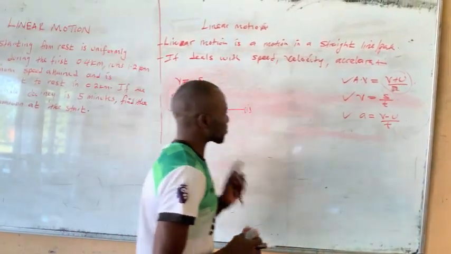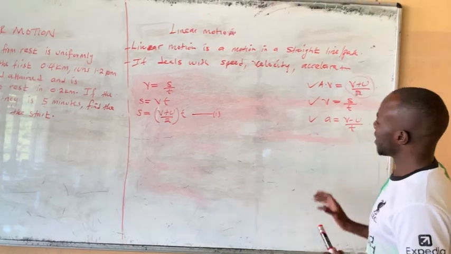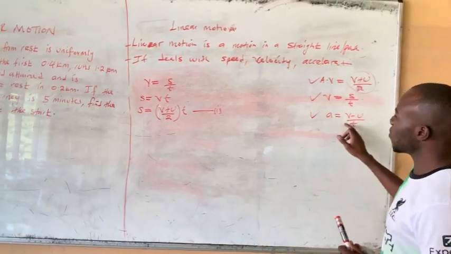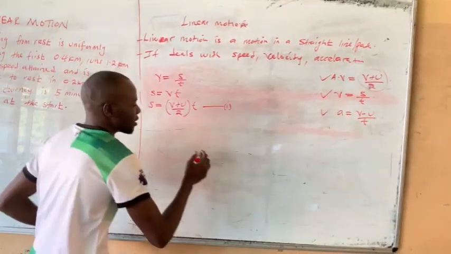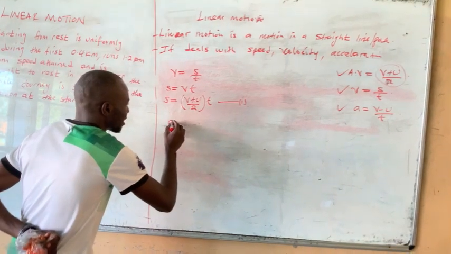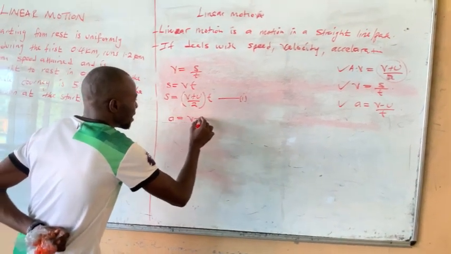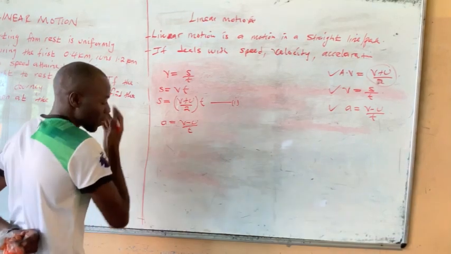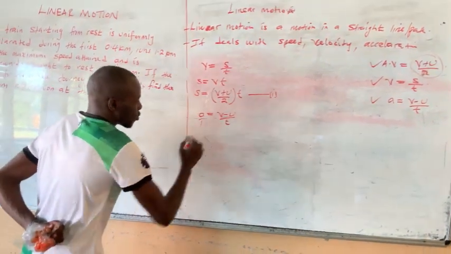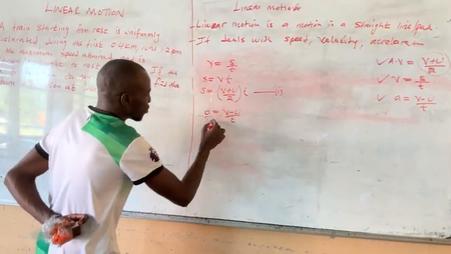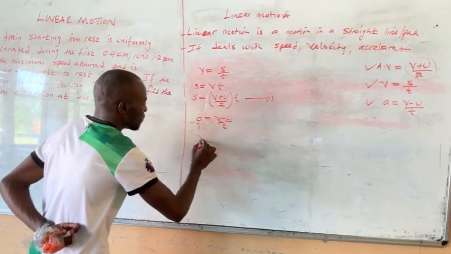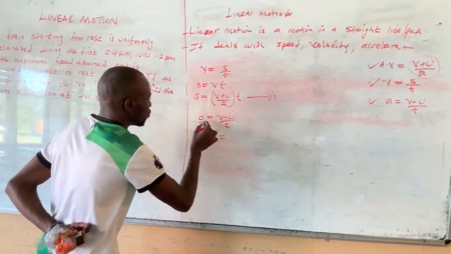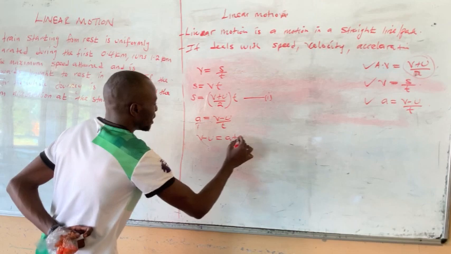Then again, let's do the other equation from this equation of acceleration. Since we know that acceleration is equal to v minus u over t, let's cross multiply. So 1 times v minus u is v minus u, which is equal to at.